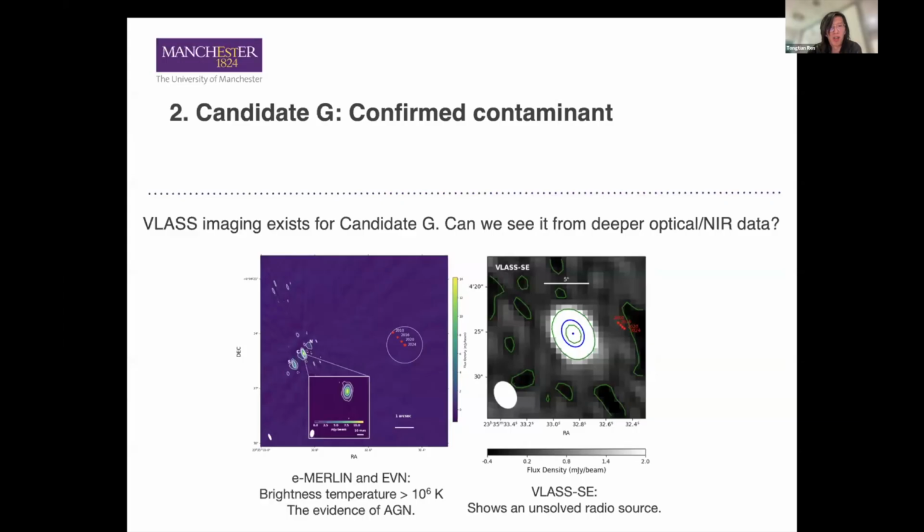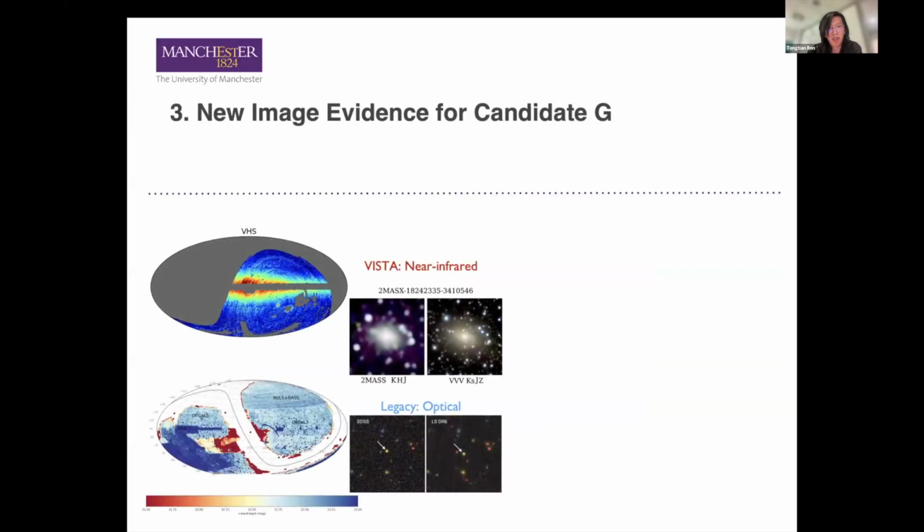What if we try to observe candidate G from some optical and near infrared images? We can see from some surveys, for example the VISTA survey, which is designed to capture faint stars in the Milky Way to capture evidence of the evolution of our galaxy.